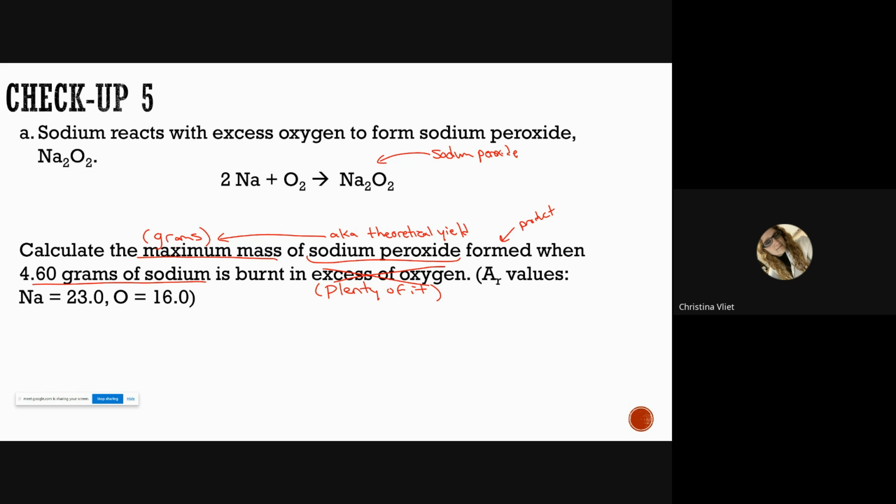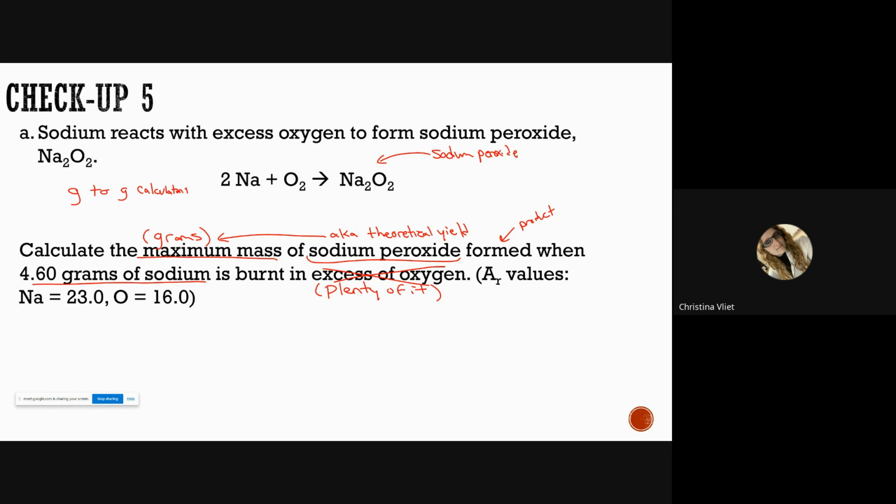I'm going to go ahead and show that now. So for grams to grams calculations, my suggestion was always, instead of using moles here, to change the moles to grams. How can I change 2 moles of sodium to grams of sodium to get a grams ratio? How can I do that?